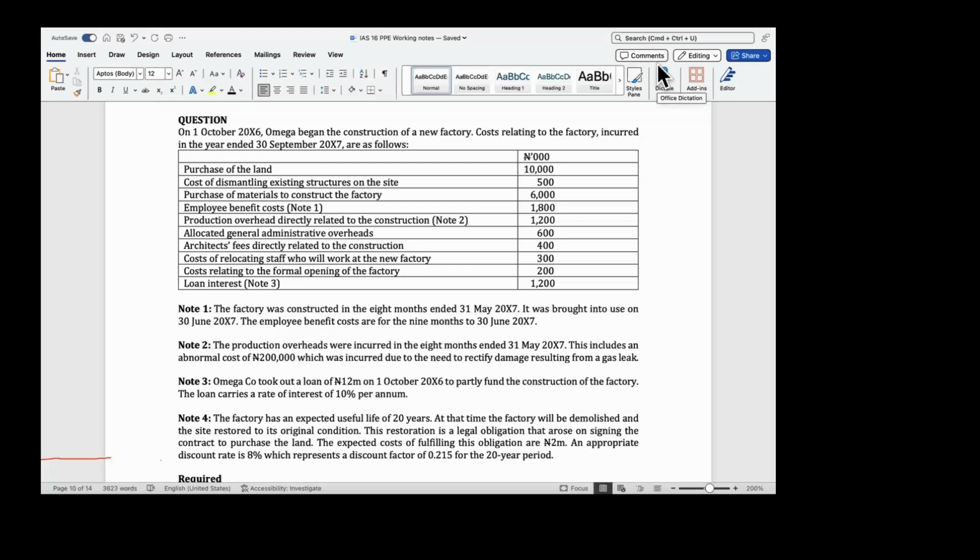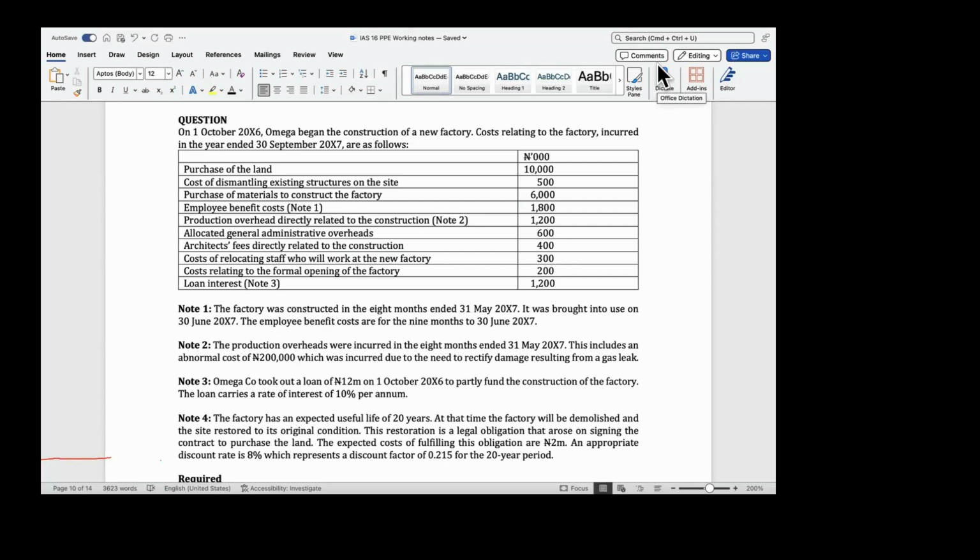Purchase of material to construct the factory, 6,000. Employee benefit cost, under note 1, is 1,800. Production overhead directly related to the construction, under note 2, 1,200. Allocated general administrative overhead, 600. Architect fee directly related to the construction is 400.